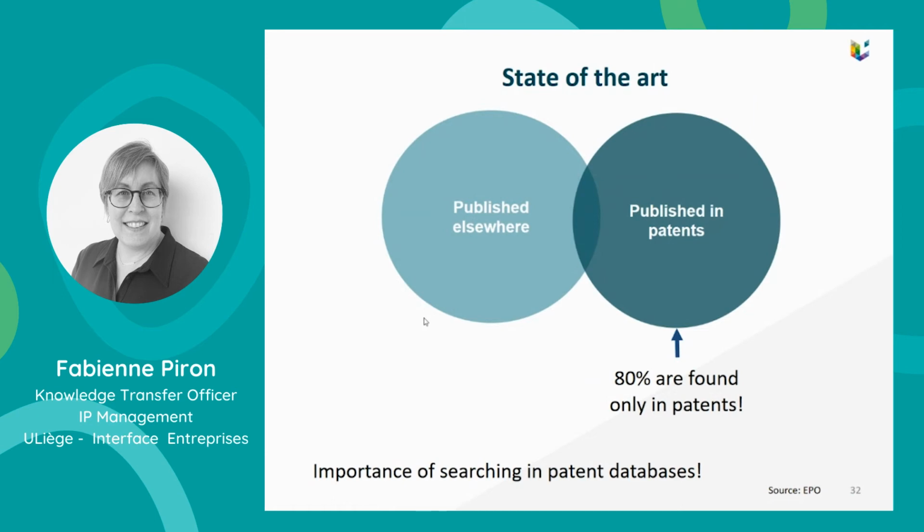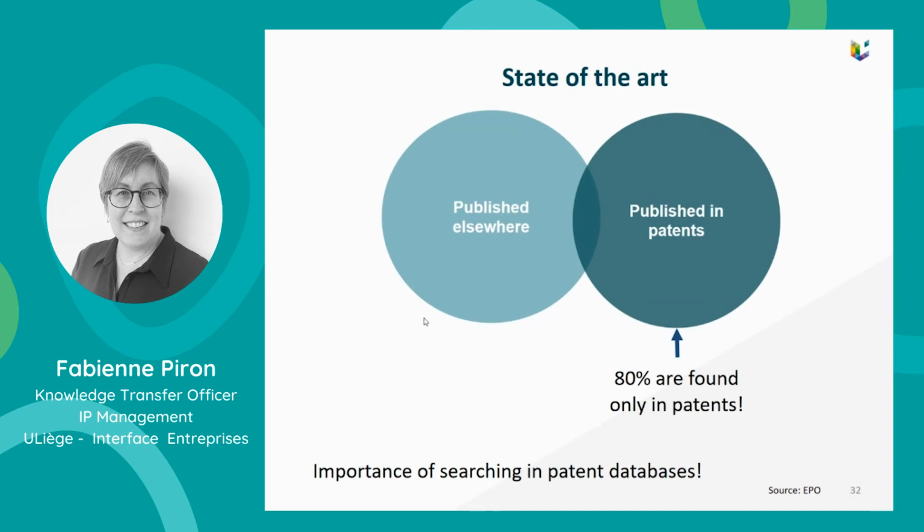And on the right side, this circle represents information that was published in patents. And we consider that in general, about 80% of the technical information is detectable only in patent documents, and nowhere else will it be so detailed.